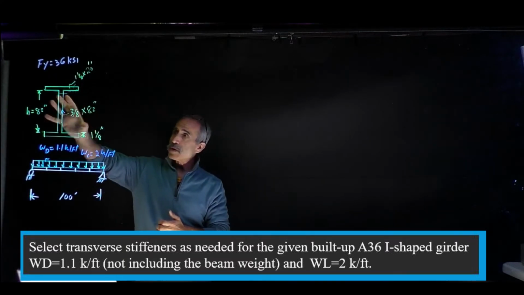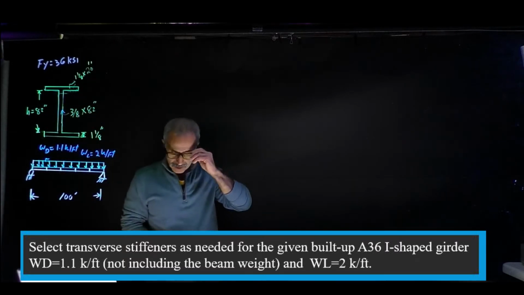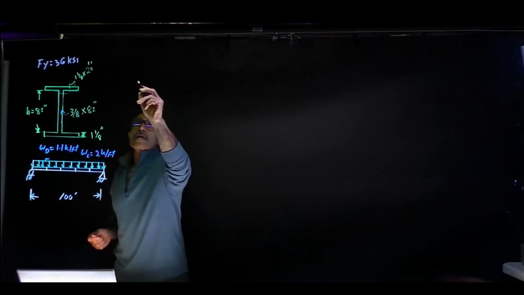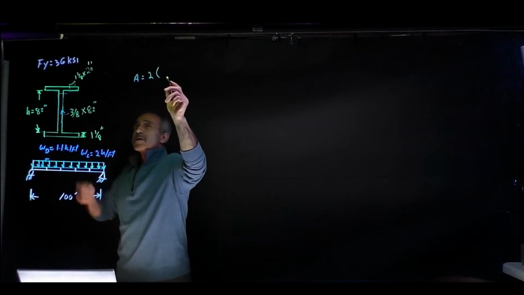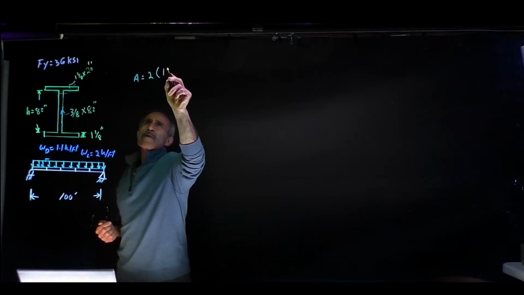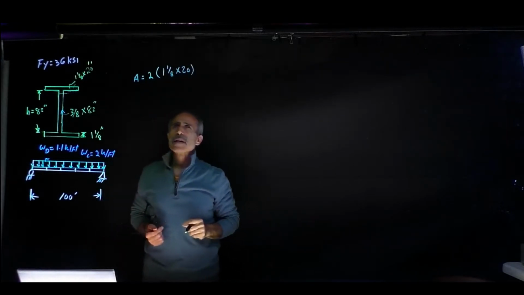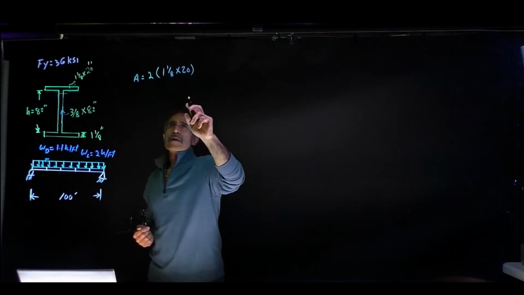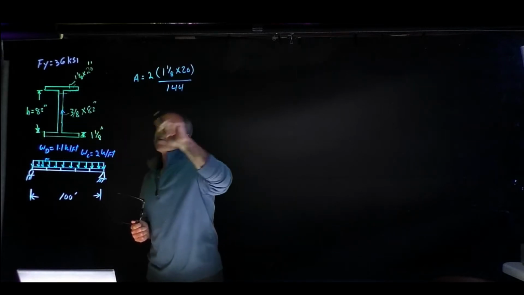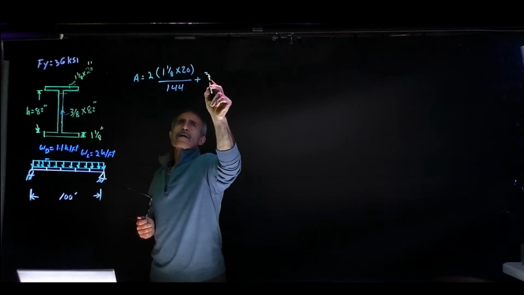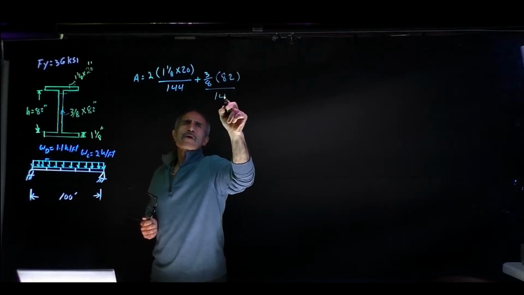So let's go ahead. We know the size of the beam, so it's easy to calculate the weight of the beam itself. The area is going to be equal to two of these flanges, 1 1/8 times 20 inch, divided by 144, plus the web, 3/8 times 82, divided by 144.